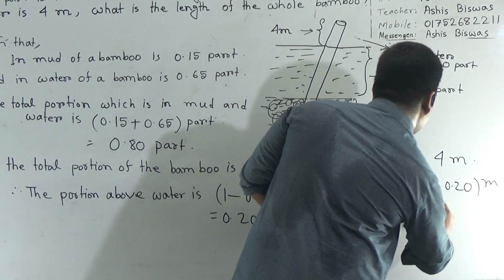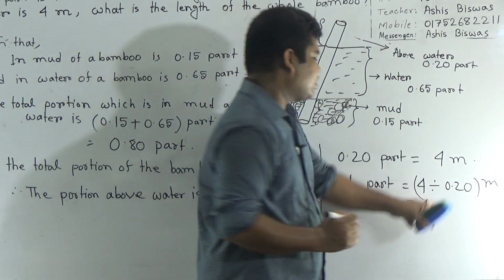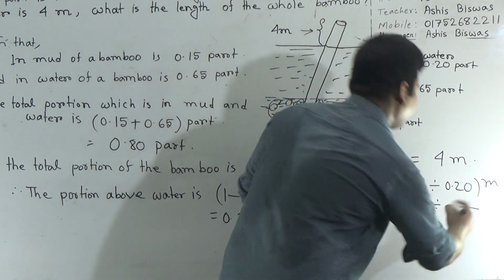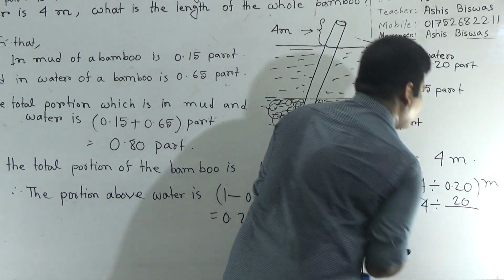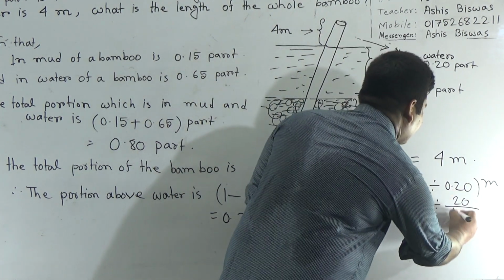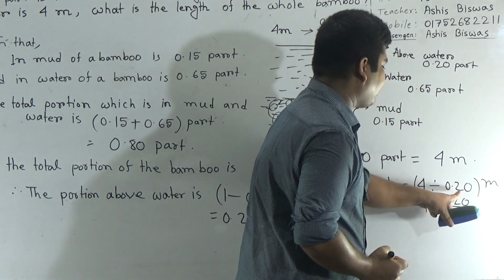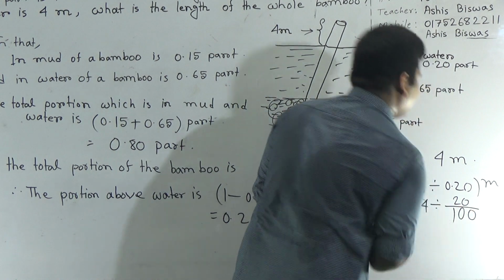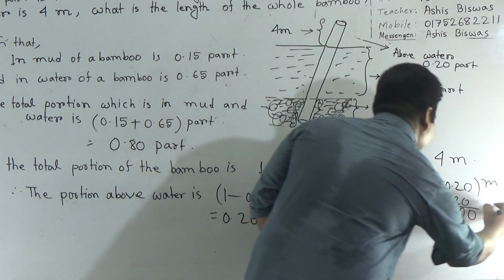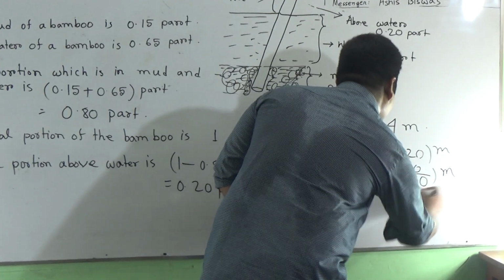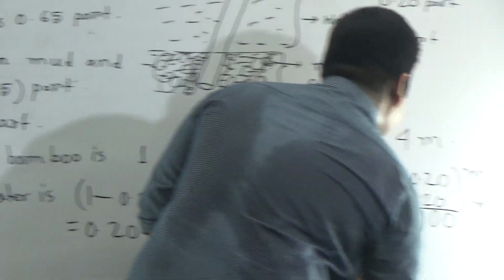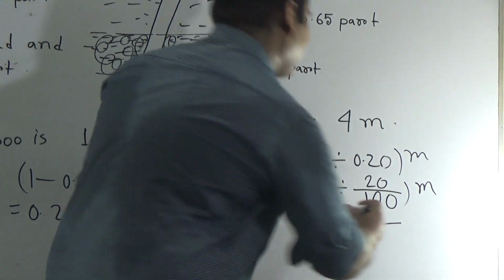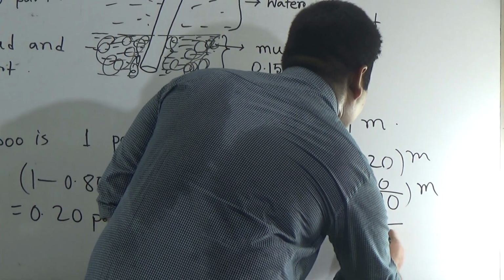My dear students, notice 4 divided by, if I write this number as a fraction, then at first write 20, then for this point I give here 1, and after the point there are 2 digits, 2 and 0. For these 2 digits I give here 100. Now I reverse, that means 4 multiplied by, this fraction will be reversed, that means 100 by 20.